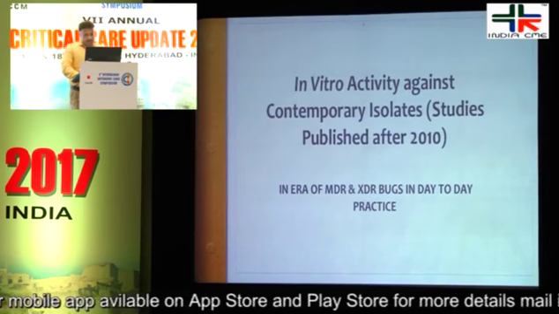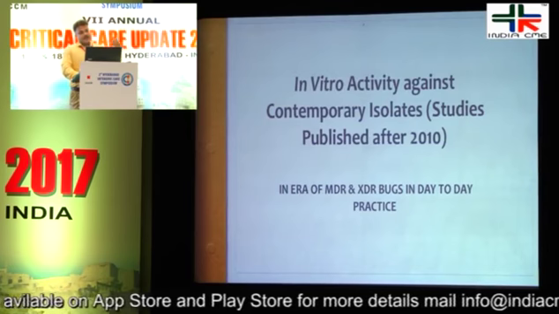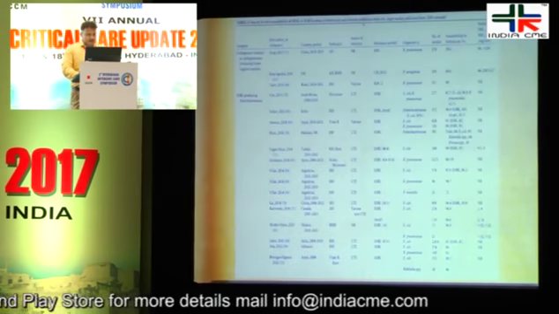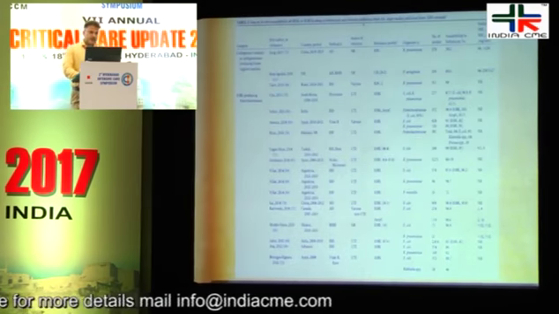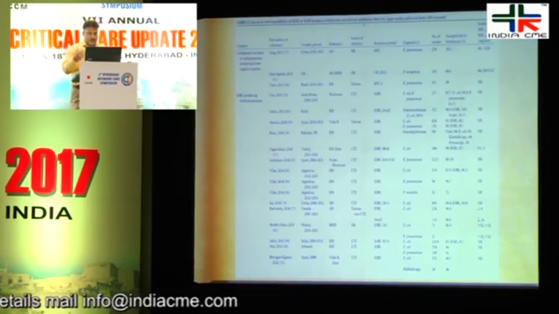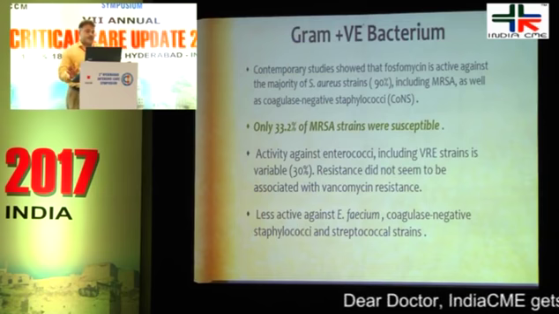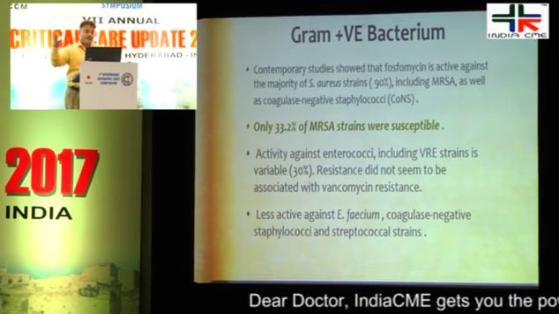The studies which have come after 2010, particularly in XDR or MDR bugs, a lot of these are not really RCTs but observational, prospective or retrospective studies. And what they have concluded is that in gram-positive infection, only 33% of the MRSA strains were susceptible, not as was initially claimed.